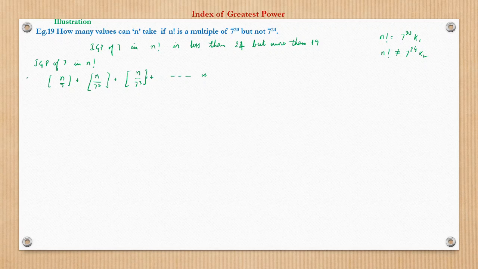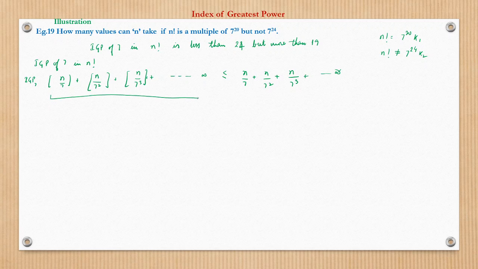This is the IGP of 7, index of greatest power of 7, this way we get, and this must be less than equal to n by 7 plus n by 7 square, because this is the integer function, this is the whole function itself till infinity.